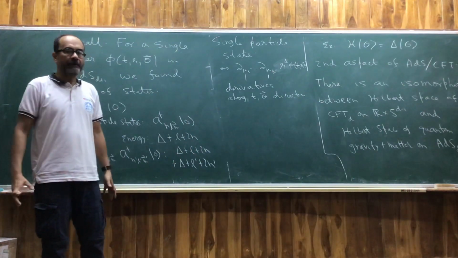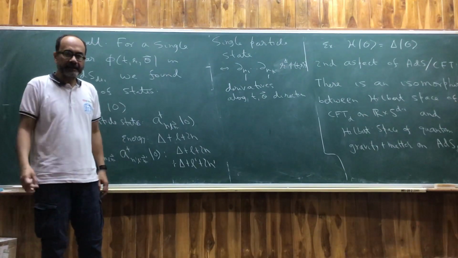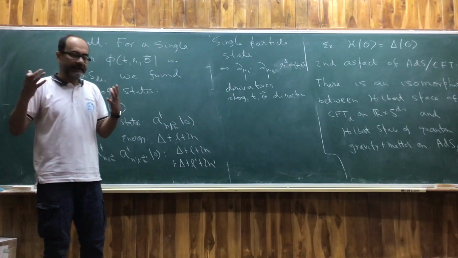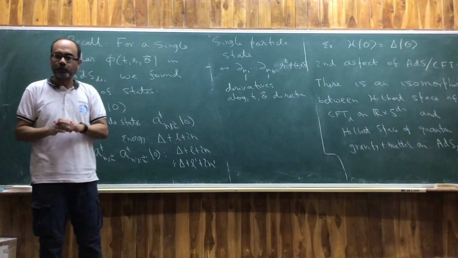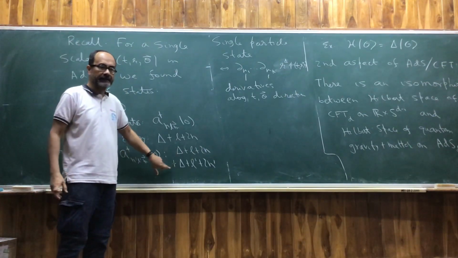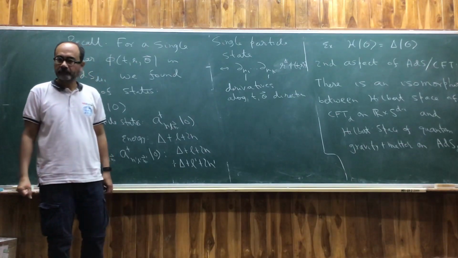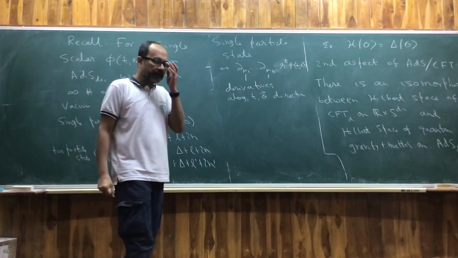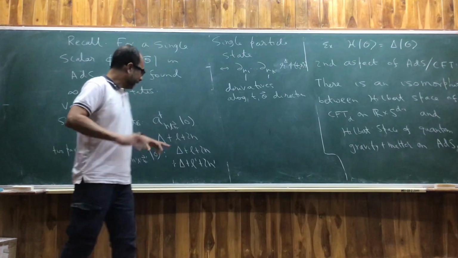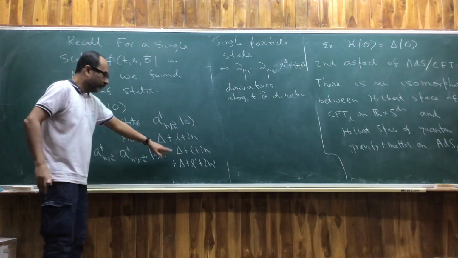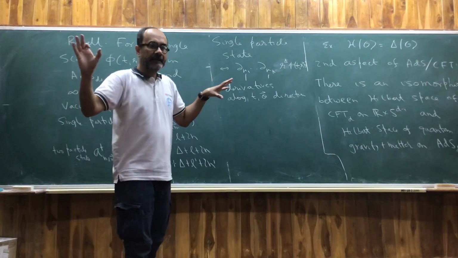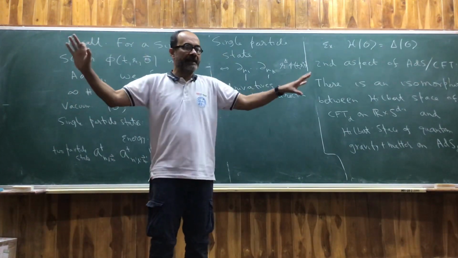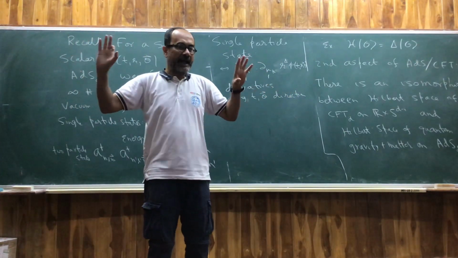Similarly, we expect that in the CFT there is no reason why there should be an exact conformal operator whose conformal dimension has this structure. It becomes exact in the large R limit. So not every CFT has such a large R limit.